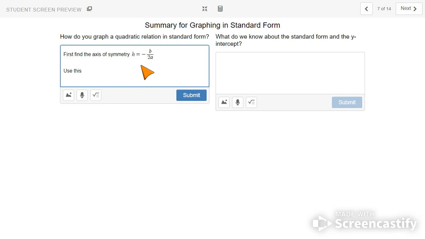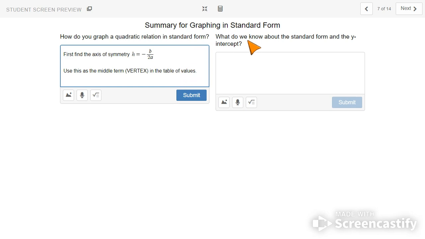Once we find the axis of symmetry, we're going to use this as the middle term in the table of values. And then you're going to continue with the table of values.